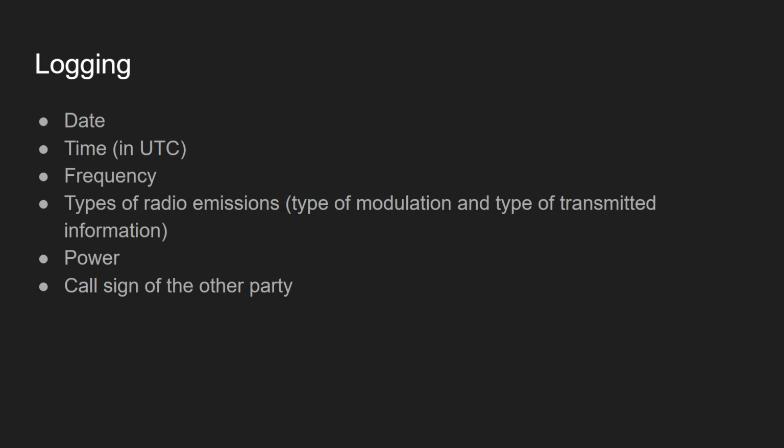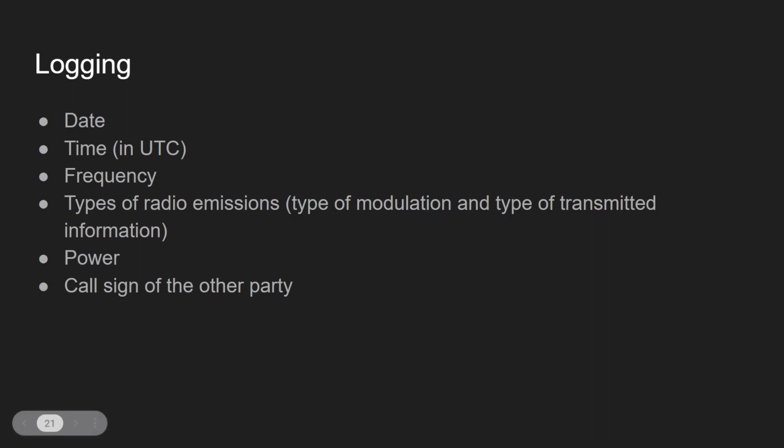If you are using FM voice, then you can say FM, or you can say F3E, which we mentioned in the last lesson. Or sometimes you use SSB, single sideband, then you can use SSB or J3E. J stands for single sideband, which is a modification of AM, which we will mention when we talk about the antenna stuff.